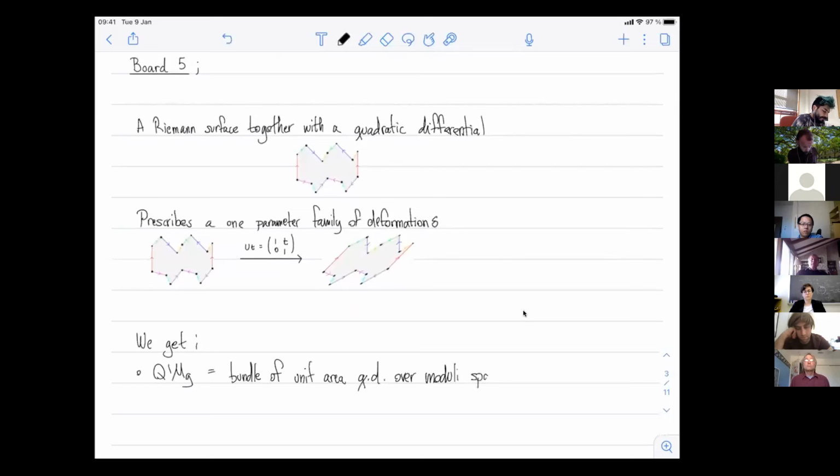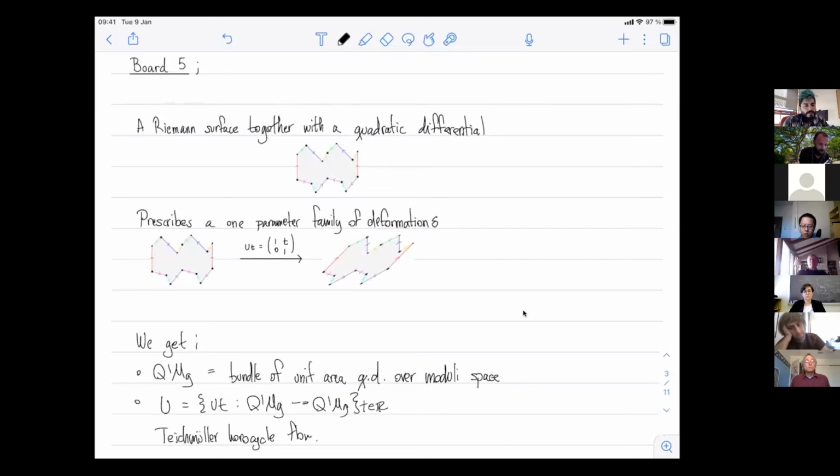And on it, we consider this flow, which I like to denote by U, which is the Teichmüller horocycle flow. Any questions about this definition?